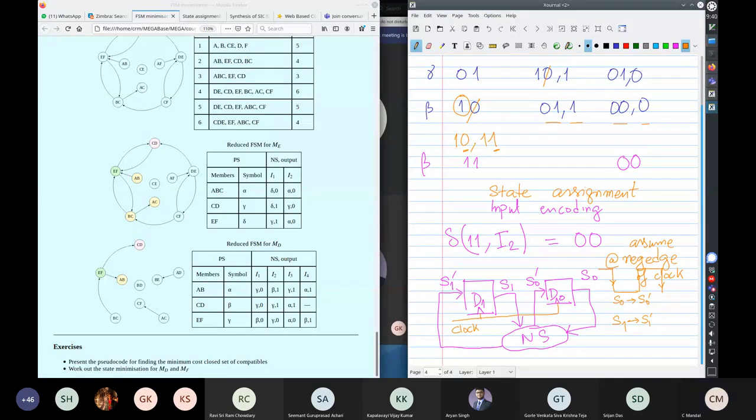Now, in this particular case, let us say from 1 1, you got 0 0. All right. Now, you have got 2 bit changes.